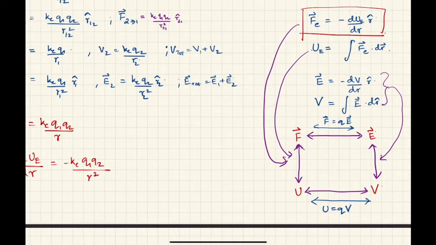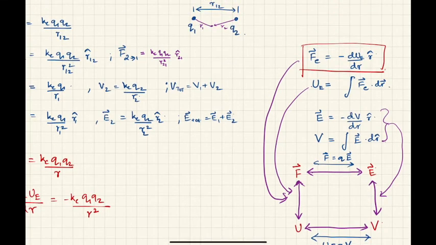However, there is one subtle point that I want to emphasize, and that has to do with these relations between potential energy and potential. The question that we always need to ask ourselves is which charge are we referring to over here? In this particular example, are we referring to Q1?